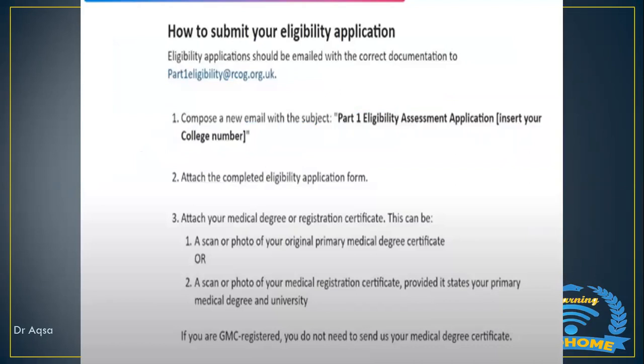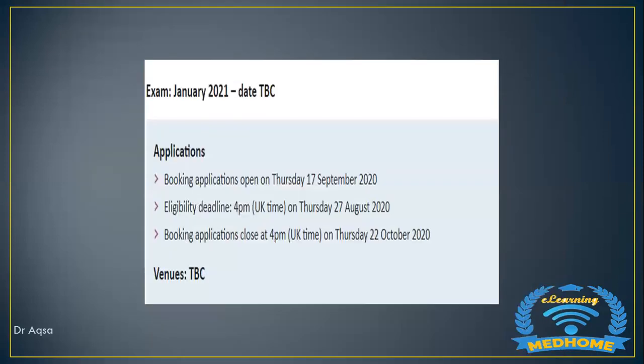Both are accepted. Once you submit that, it has to be approved by the RCOG, that your eligibility criteria has been approved by the RCOG college. Once they do that for you, then you will be able to apply for the exam.